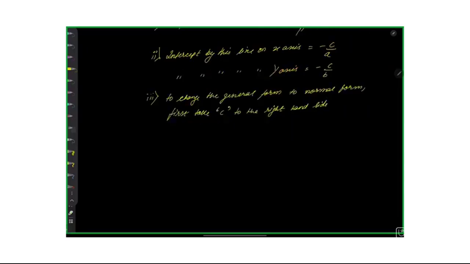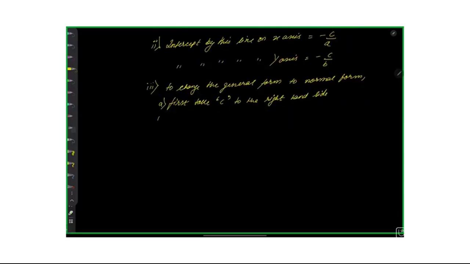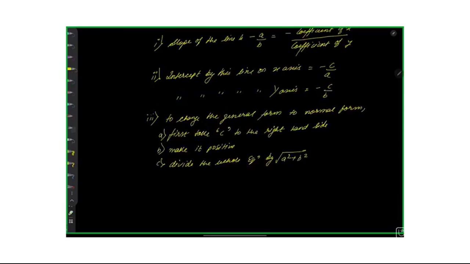Second, make it positive. Third, divide the whole equation by root a square plus b square. Now I'll explain all of the points.